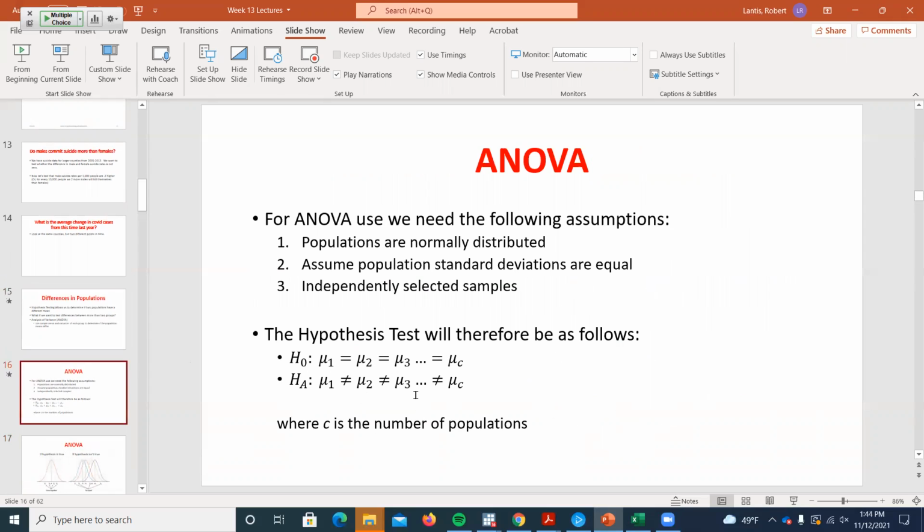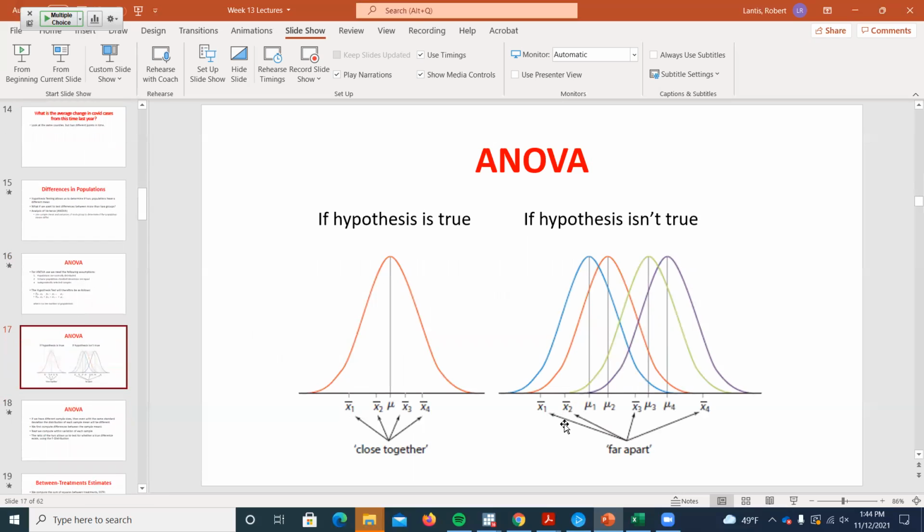The alternative is, I'm trying to find, are there differences, right? Are they not equal to each other? Okay. This is one of the things I steal from the book, because I really like this drawing, right? And I'll explain it in a second. So if the hypothesis is true, and all the groups have the exact same mean, well, we still could see differences in their sample means, right?